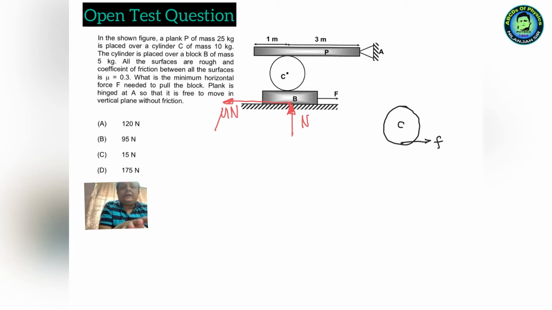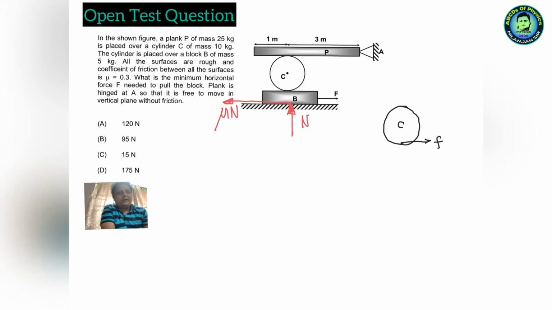The force applied is just to move the block, which means the block B is just on the verge of slipping with the ground below. So the system is still at rest and its acceleration is also zero.